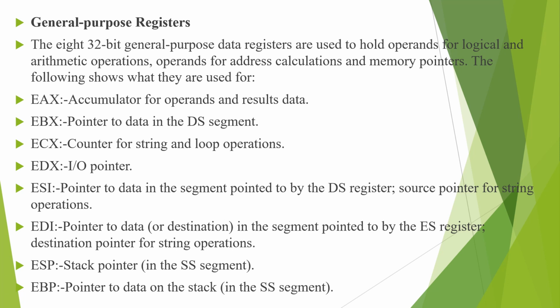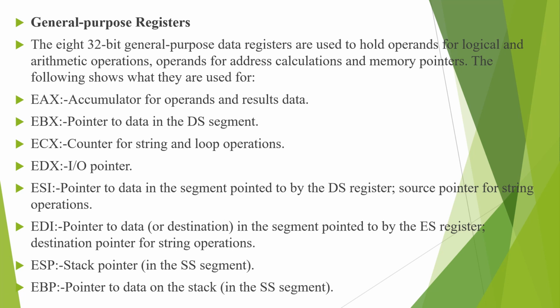EAX: E stands for extended and AX is the accumulator. The accumulator will always store one operand, and after execution it will store the result. EBX stores the pointer to the data that is stored in the data segment register. ECX acts as a counter for string manipulation instructions or any loop operations. EDX stores the port addresses for in and out instructions.